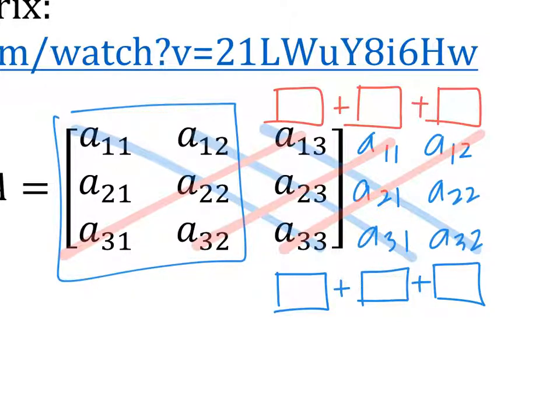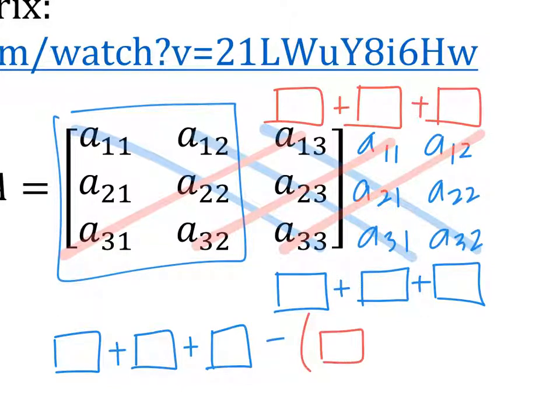The determinant is the sum of the blue ones minus the sum of the red ones. So basically, add the bottom, subtract the top. That gives you a 3 by 3 determinant.